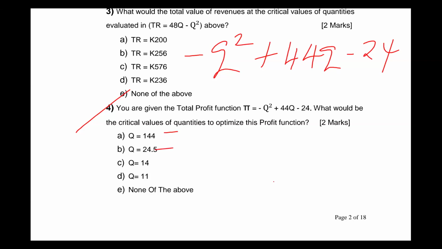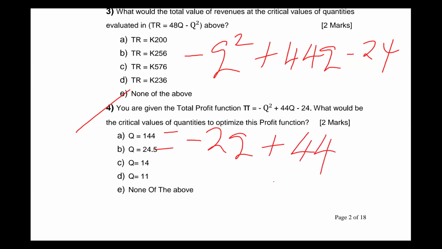What's the derivative of this? The 24 drops out, so here it will be negative 2Q plus 44.